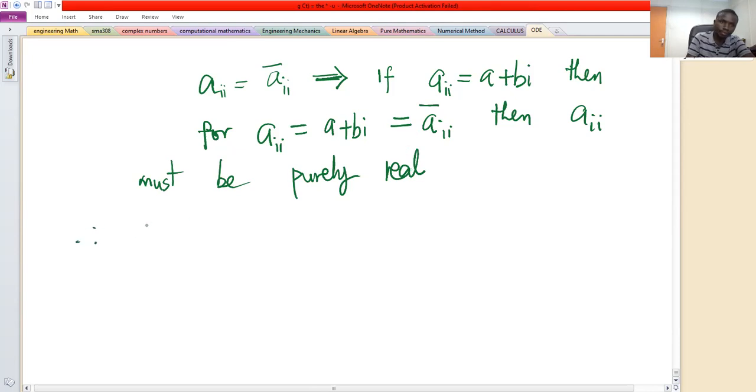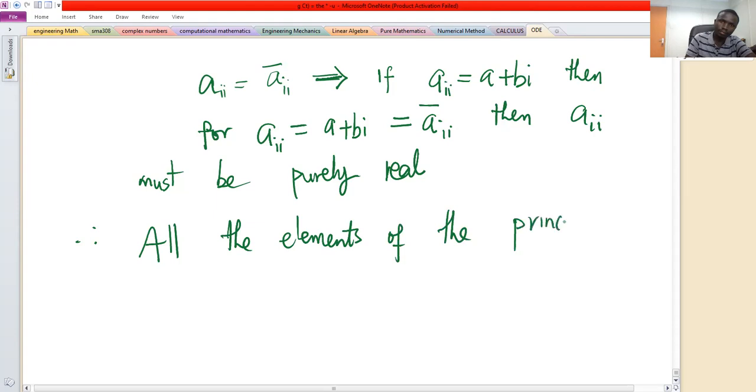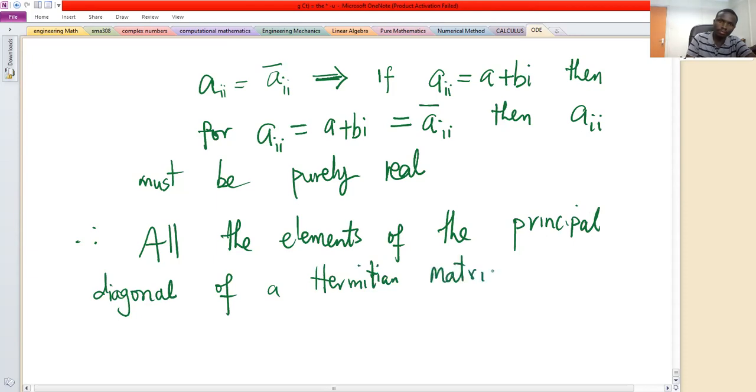Therefore, all the elements of the principal diagonal of a Hermitian matrix are real.